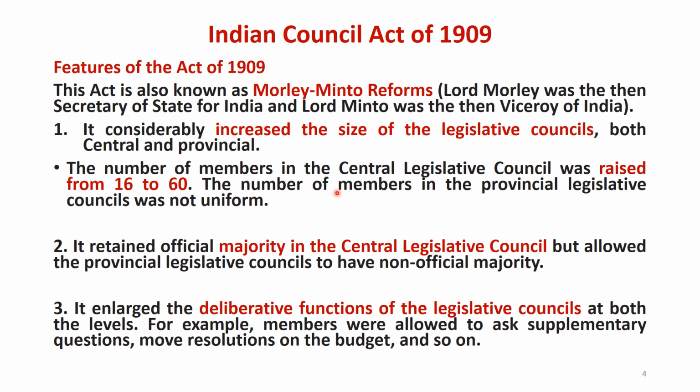The number of members in the provincial legislative councils was not uniform. For provinces like Bombay and Madras, it was not the same, not uniform. Based on the size and population, the number was different, so that's why it is said to be not uniform. But the central legislative council was obviously one council, and its members numbered 60.